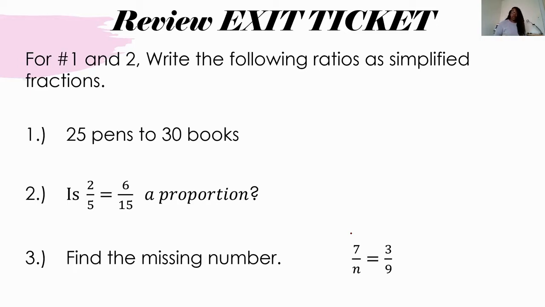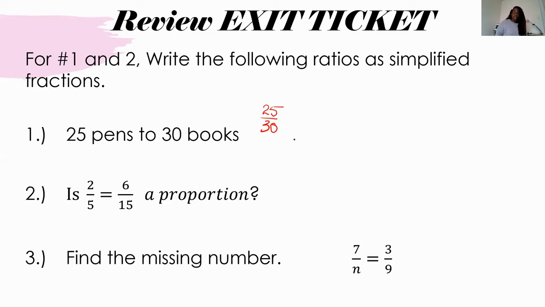So for number one, we have 25 pens to 30 books. If I rewrote that, it would be 25 over 30. Now noticing my ones digits, it's a 5 and a 0. If I recall all the way back to that divisibility test, that means they should be divisible by 5.